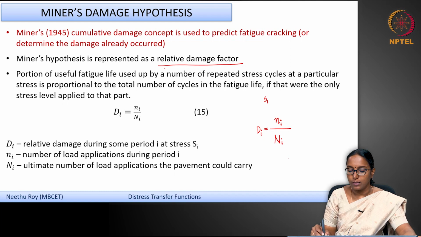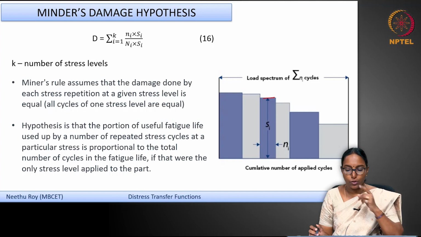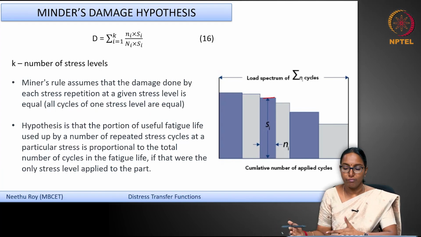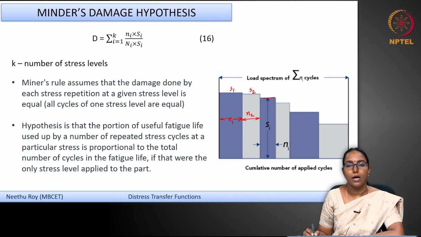So, this gives you the proportion of the fatigue life that has been used by this particular stress level. Similarly, suppose you have loadings of multiple stress levels, say S1 is the stress level in the first one and S2 in the second, and at each stress level you have a different number of applications. n1 is the number of applications at stress level S1, n2 is the number of applications at stress level S2, and so on.